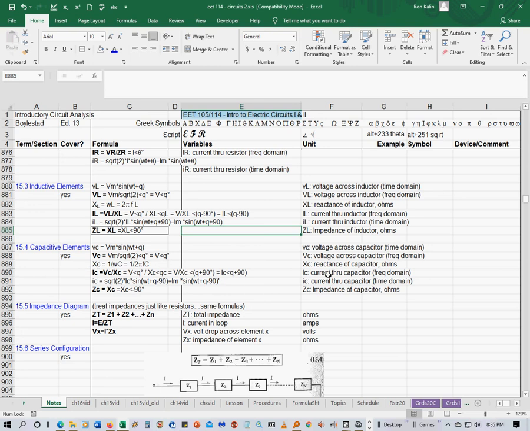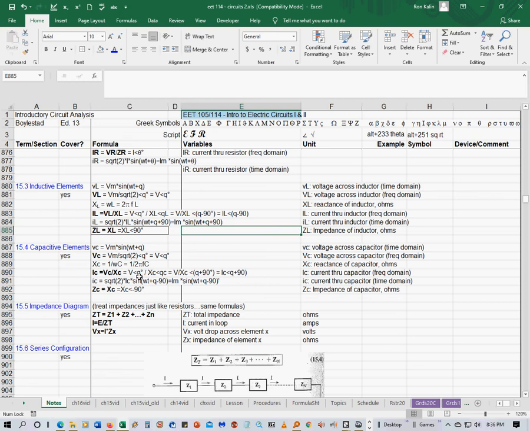And X sub C is the reactance of the capacitor in ohms, equals 1 divided by omega C, which is also equal to 1 divided by the quantity 2 times pi times F times C, the capacitance. And then doing Ohm's law across the capacitor, I sub C equals V sub C divided by X sub C. And you can do the phasor math that way.